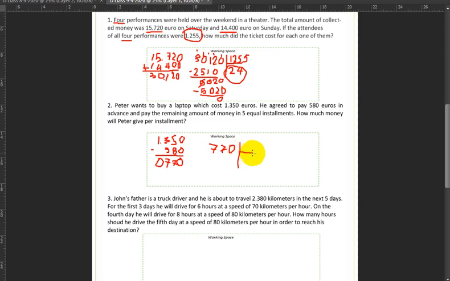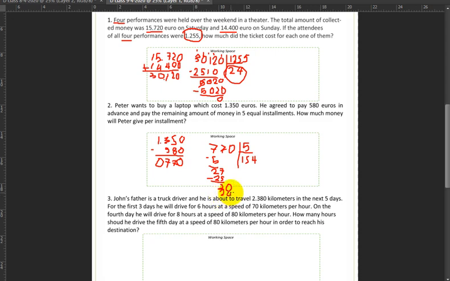He's separating it into 5 equal parts. 5 goes into 7 once. 5 goes into 27 5 times. 5 goes into 24 4 times.